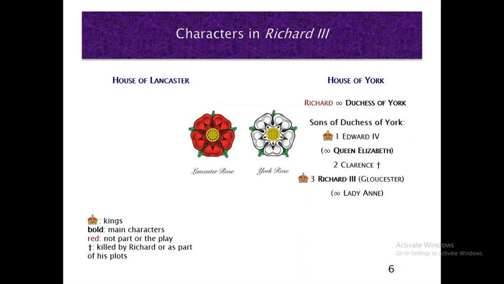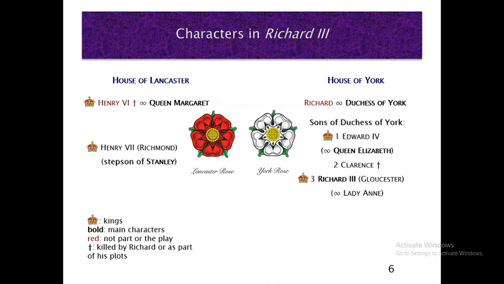They had three sons: Edward, who is now, at the beginning of the play, Edward IV, and who is married to Queen Elizabeth; Clarence, who is killed by Richard in the course of the play, right at the beginning, as part of his plots; and the third son, Richard, who becomes Richard III in the end, and who is called Gloucester at the beginning of the play, and who marries Lady Anne in the course of the play.